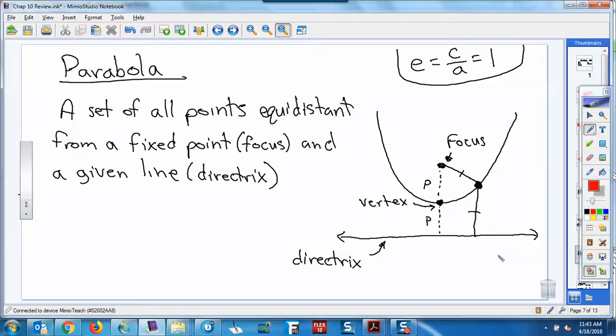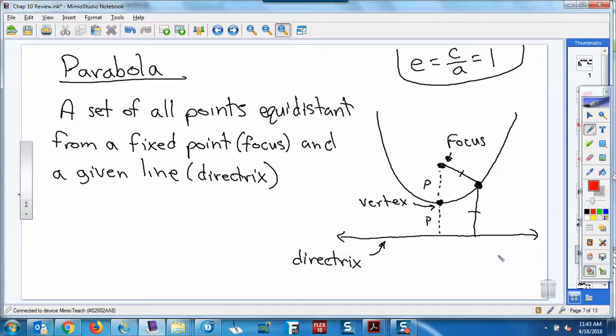The focus, right? Well, what distance in here goes to the focus? P, right? And then the A would be like that distance. I mean, the set of all points that are equidistant from those two places. So the C and the A essentially are the same thing. And so that's why it's 1.